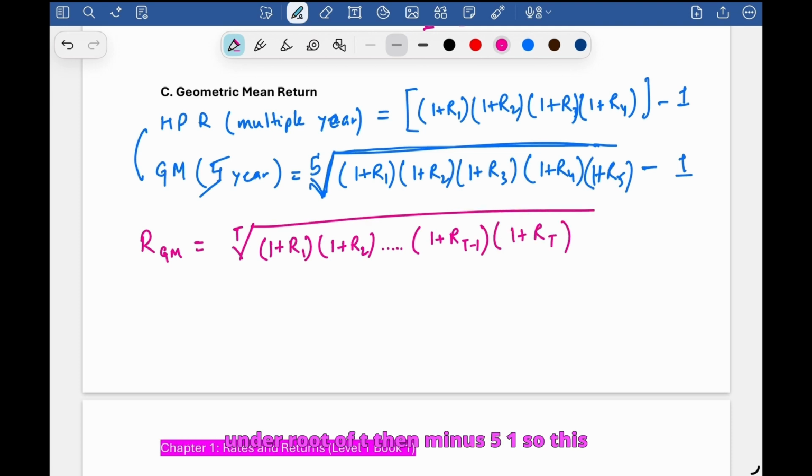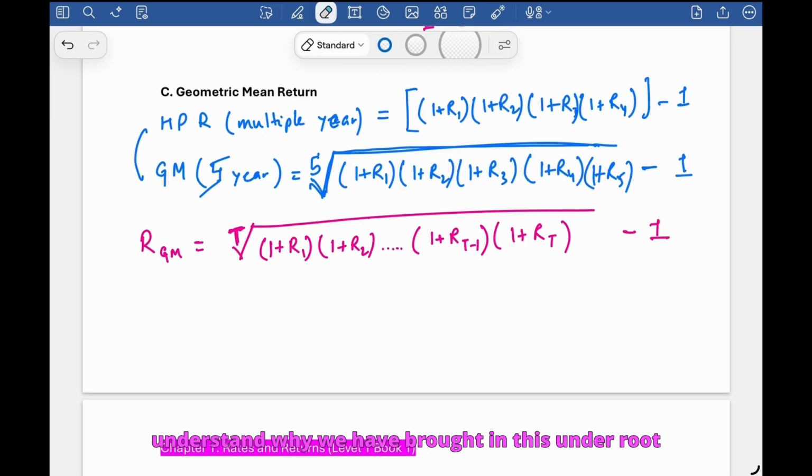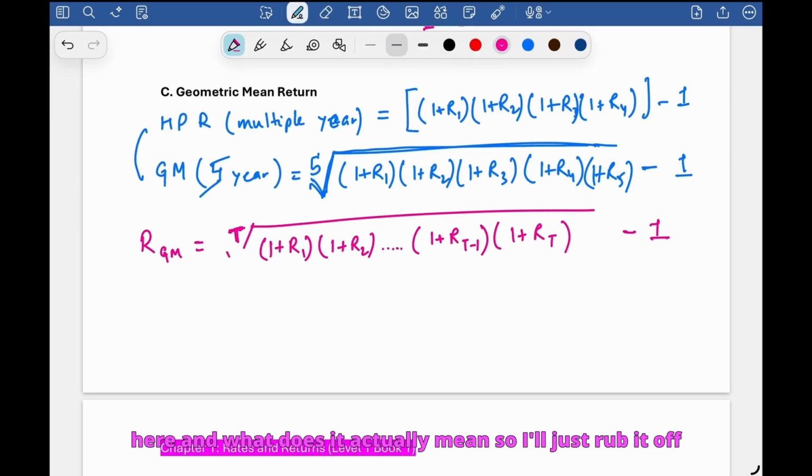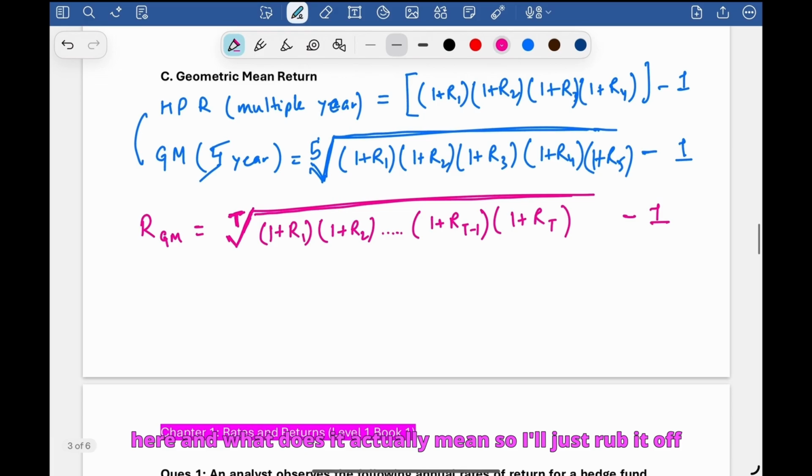And you put it under root of t, then minus 1. So this is the exact formula for geometric mean. Now let's understand why we have brought in this root here and what it actually means. So I'll just rub it off, alright?